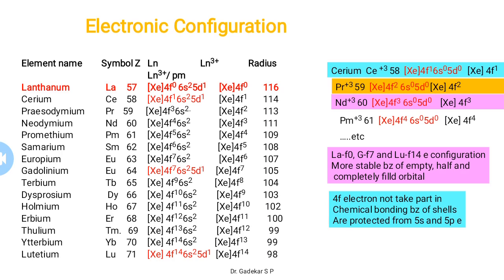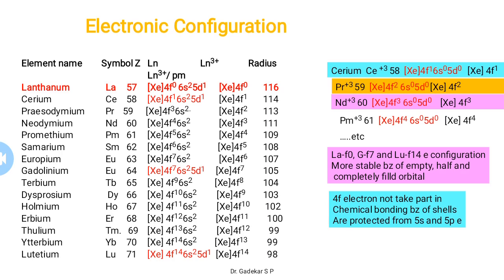So that's why it shows the plus 3 oxidation state, and its electronic configuration for Ce3+ is 4f1 6s0 5d0, meaning in the plus 3 oxidation state it contains a 4f1 electron.